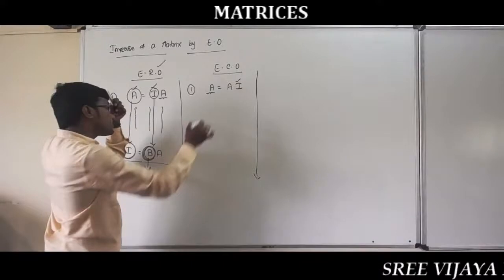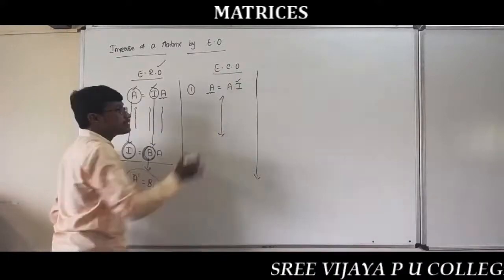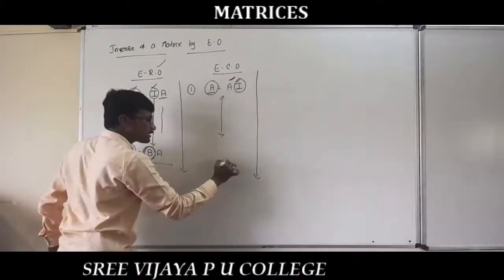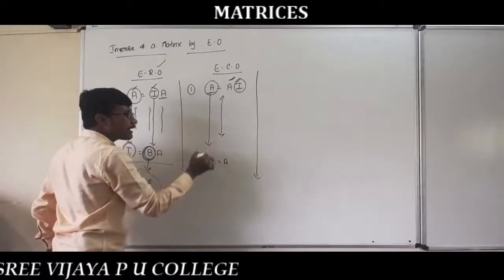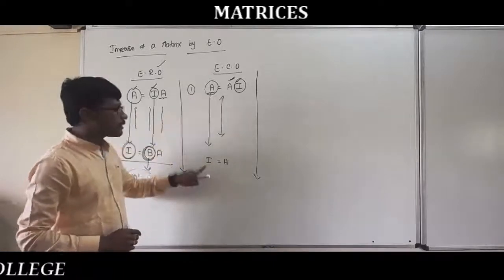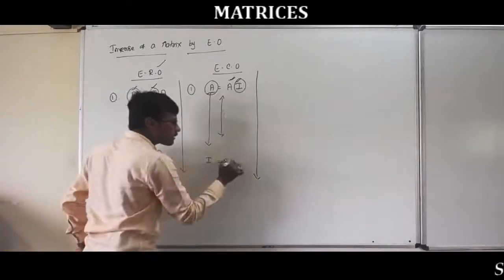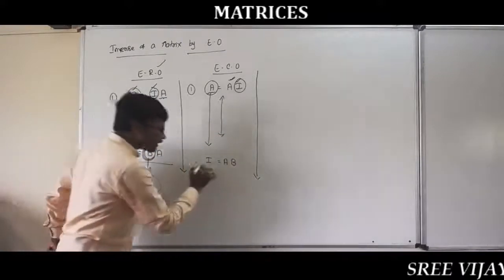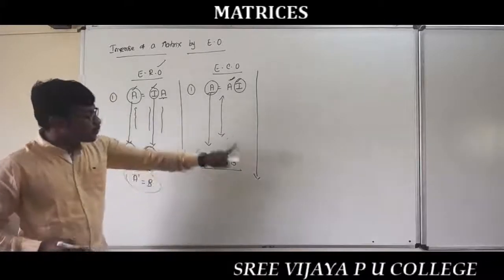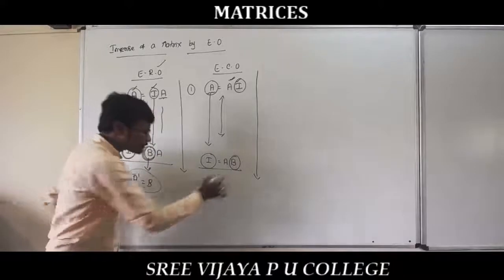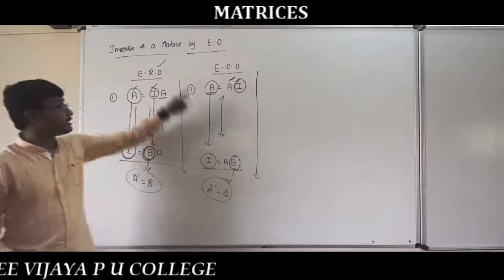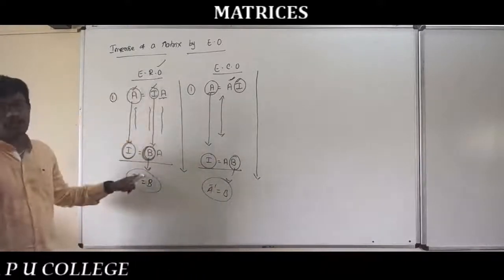So after applying a sequence of elementary column operations, this A can be converted to I, and this I can be converted to another matrix B. So in this way, if the matrix on the left is identity matrix, what is the right hand side matrix we are getting? That is obviously the inverse. That is A inverse is equal to B. So for the given matrix, this is the inverse, by the elementary column operations or the elementary row operations.